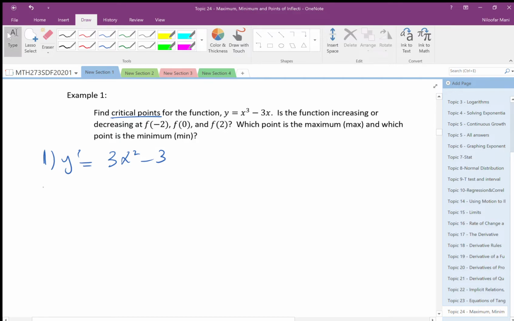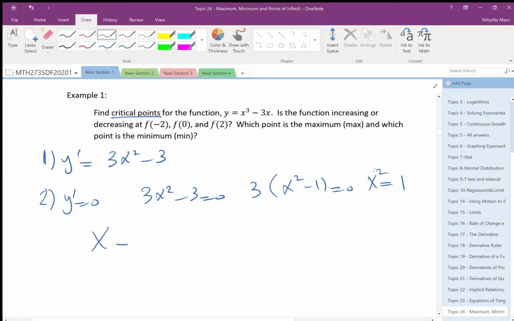Then you set y prime equal to 0. You do 3x squared minus 3 equals 0, so you have 3 times x squared minus 1 equals 0. So x squared equals 1 and x is plus or minus 1. Don't forget you have two answers, not just one, plus or minus 1. So you have 2 points.